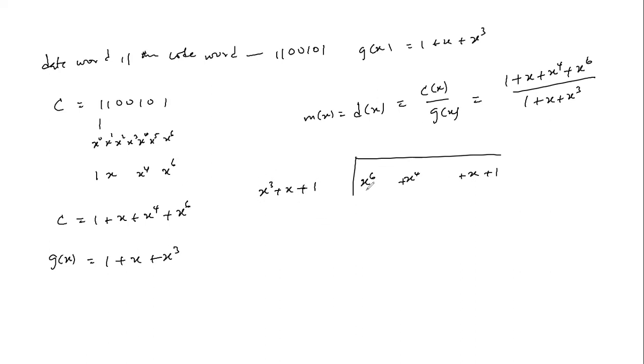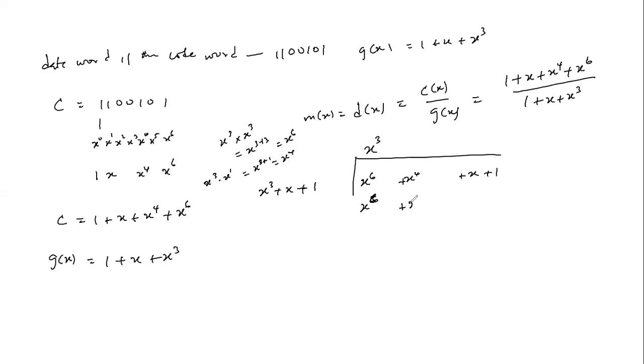Now, if this goes into this, x cubed divided by x cubed, that'll be x cubed here. So x cubed multiplied by this is x to the power of 6. Then x cubed times x is x to the power of 3 plus 1, which is x to the power of 4.